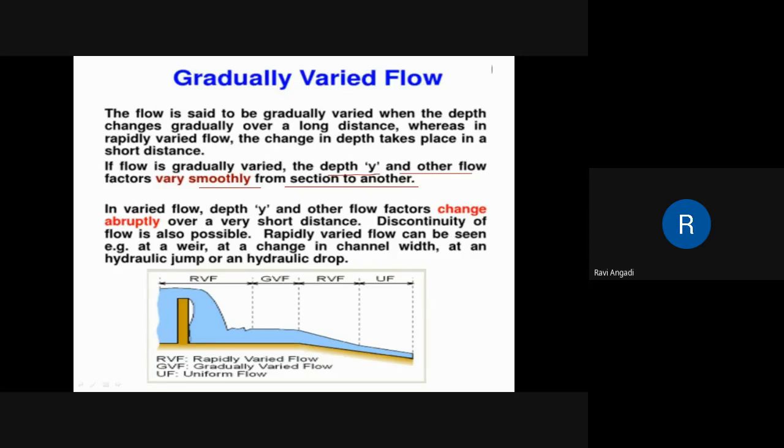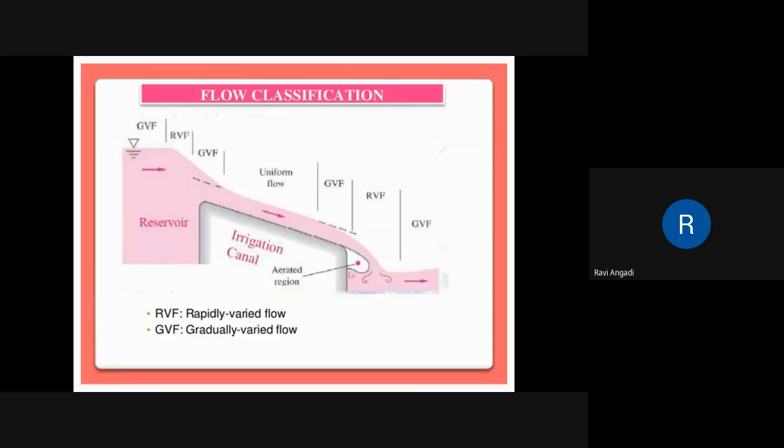That is, the discontinuity of flow is also possible. The rapidly varied flow can be seen, for example, at a weir, at a change in the channel width, at a hydraulic jump or a hydraulic drop. Okay, then this is how we get gradually varied flow and rapidly varied flow pattern.